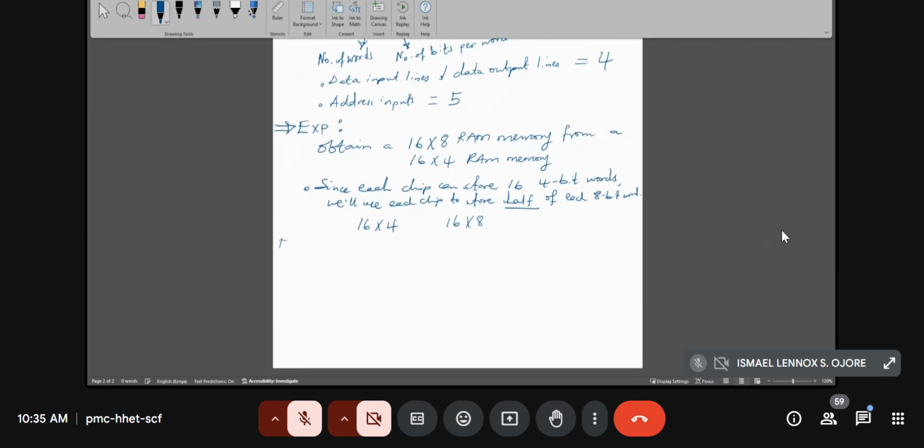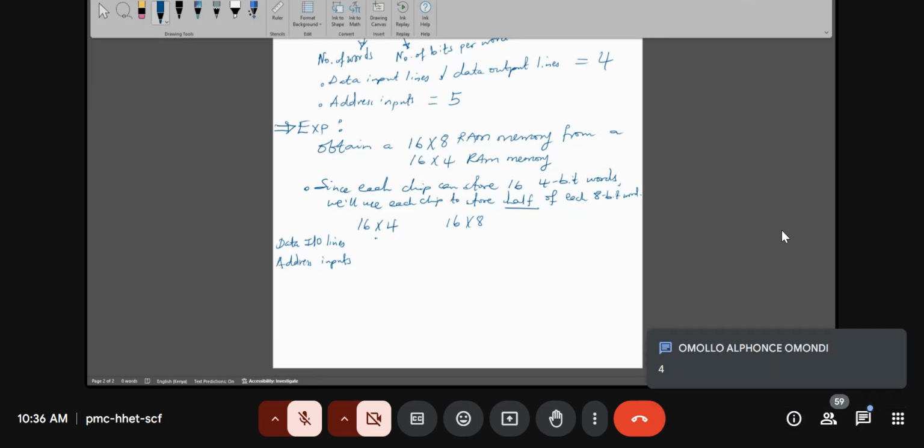For the data input output lines and for the address inputs, for a 16 by 4 chip, how many data input output lines do we need? Somebody says 4. Yes, correct. And for 16 by 8, how many? 8.